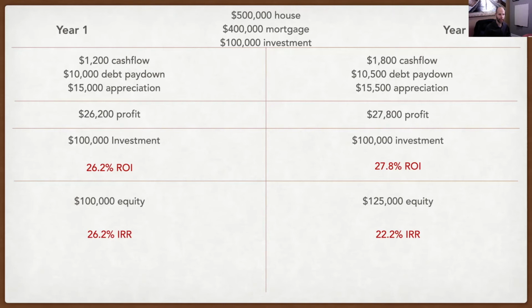But it's really that leverage that enables you to have a more expensive asset that's appreciating and paying off that debt using income from the property. So you're essentially not responsible for the debt. Anyhow, $26,200 profit, $100,000 was your initial investment. That's a 26.2% return on your investment.